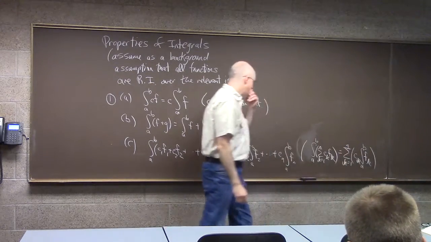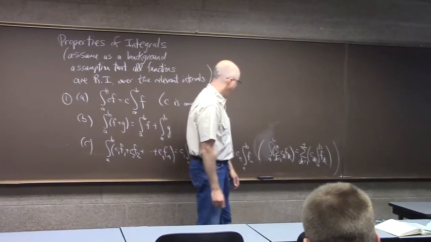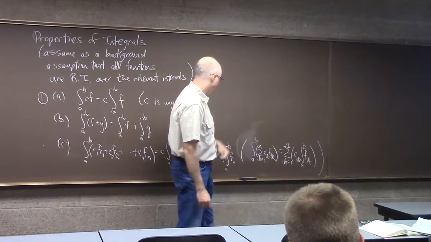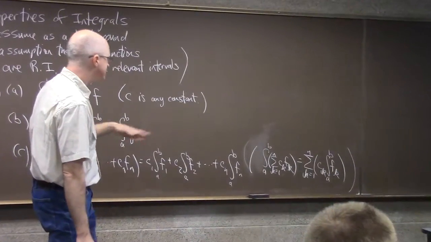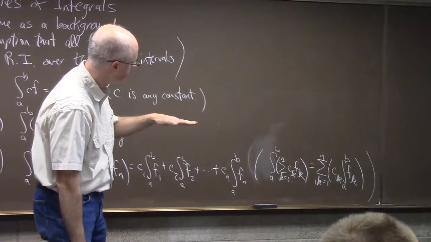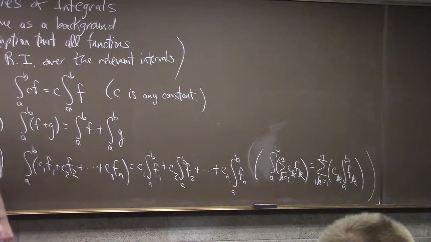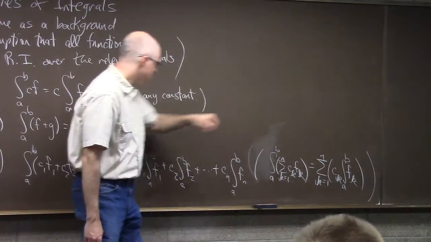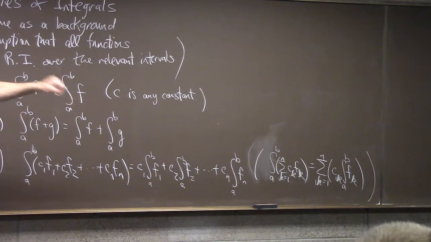In effect, you can distribute the summation sign through the parentheses here. Well, the c's can be distributed into the integral effectively, and the summation sign, in a sense, can be distributed into the integral. It's kind of a way to imagine that. Okay, don't take that too far. Just notice how that way of writing it is equivalent to this way. So you should be comfortable seeing it like that.